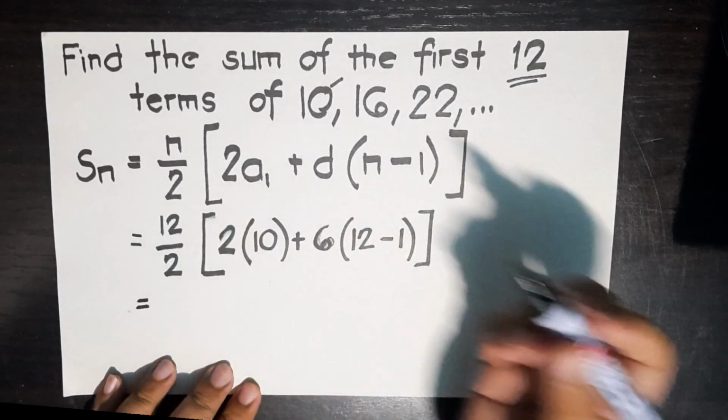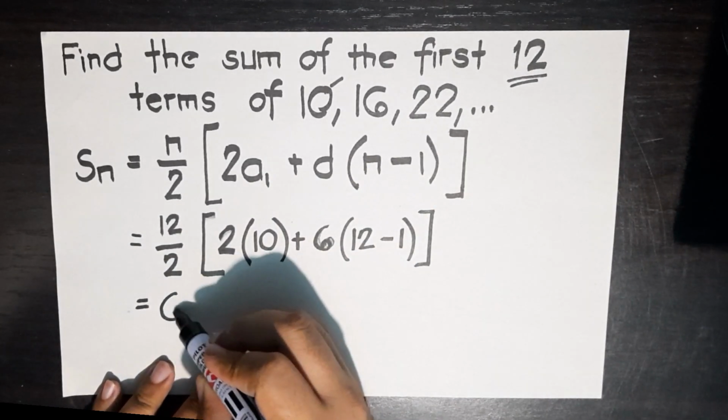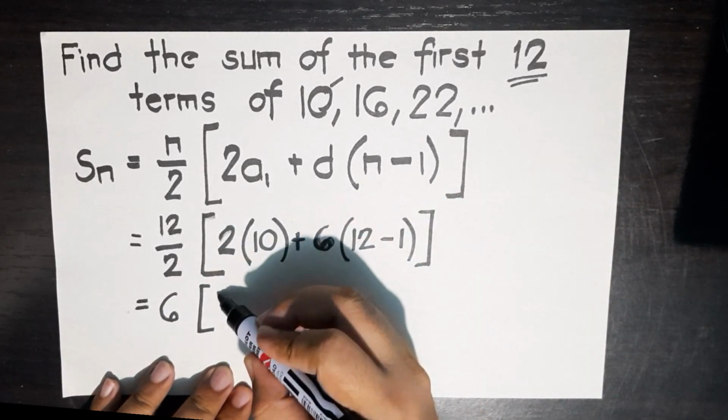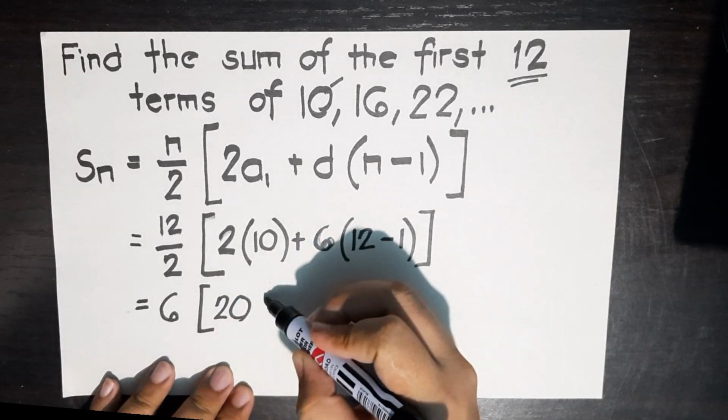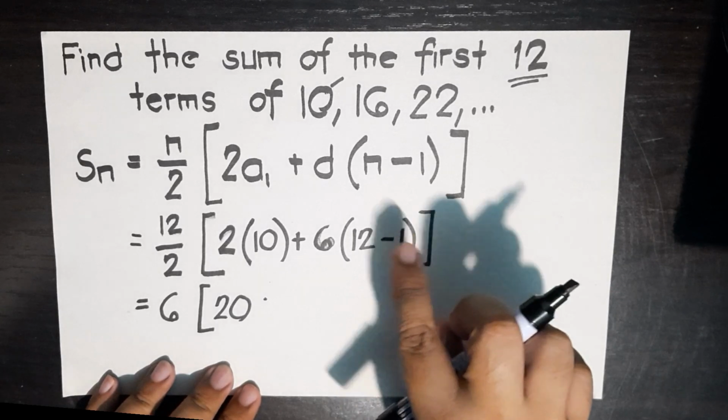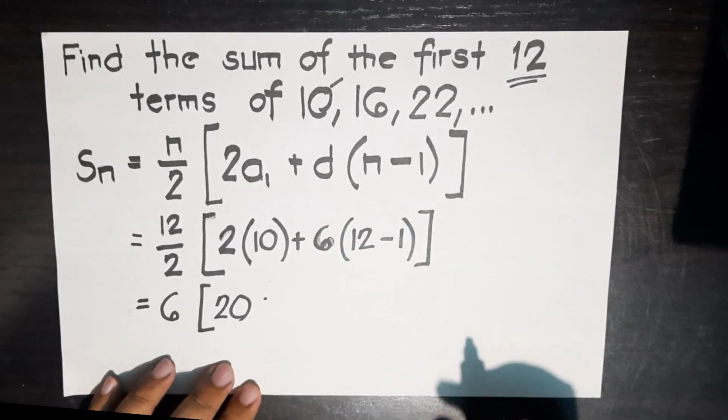Then 12 divided by 2, we have 6. And then another bracket. 2 times 10 will give us 20. 12 minus 1, 11, times 6, 66.